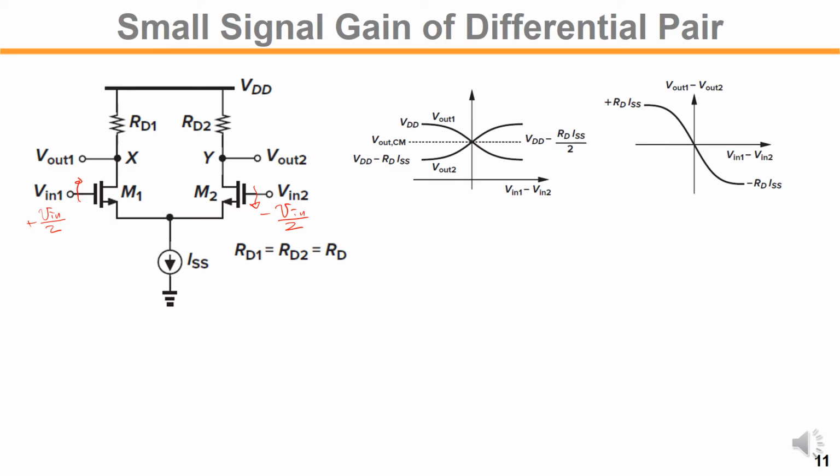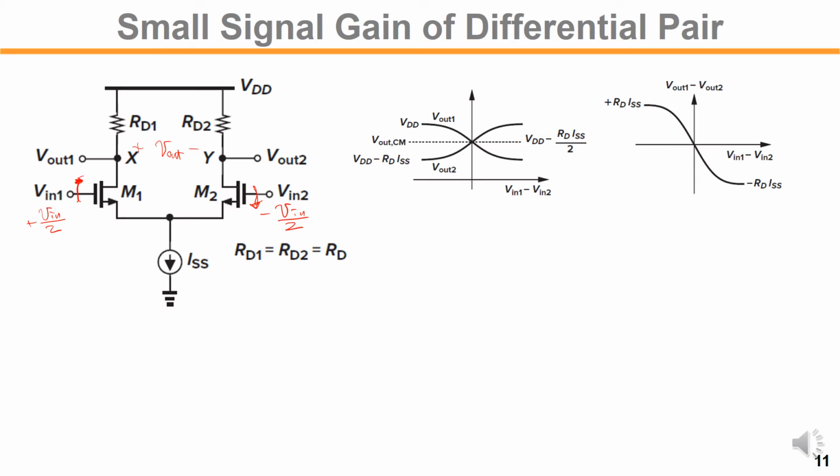So we raise the input on the left and decrease the input on the right by the same amount. In that case, we want to find the gain of each differential side here. Vx, and Vy would be V out.